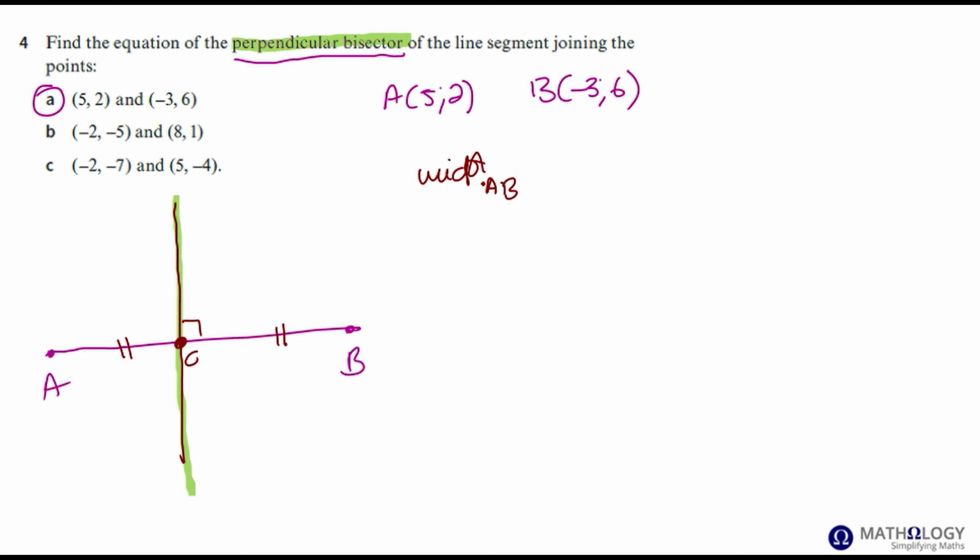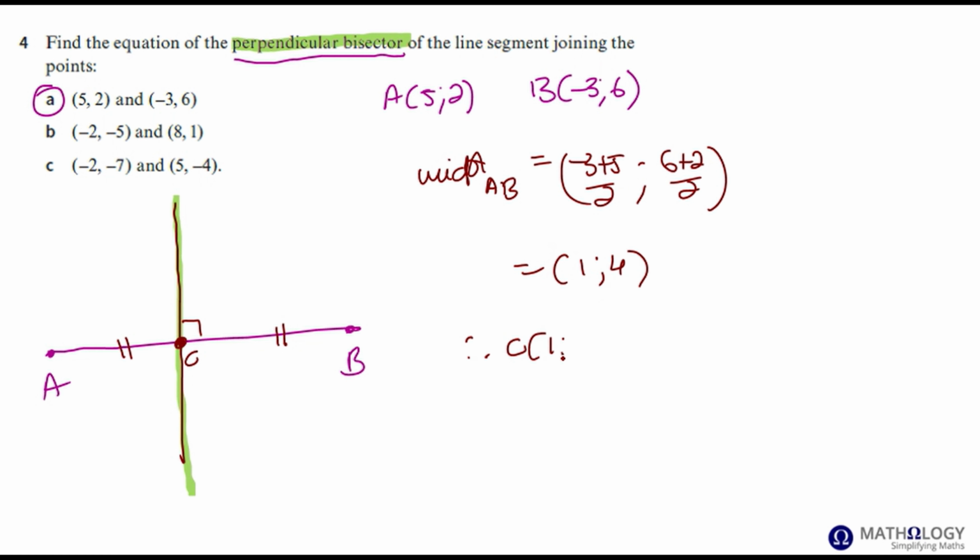The midpoint will be (x2 plus x1) over 2, so -3 plus 5 over 2, and (y2 plus y1) over 2, 6 plus 2 over 2. That equals 2 over 2 is 1, 8 over 2 is 4, so C is the point (1, 4).